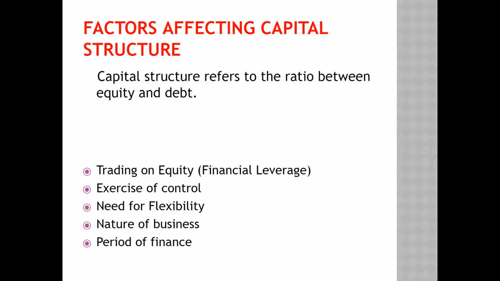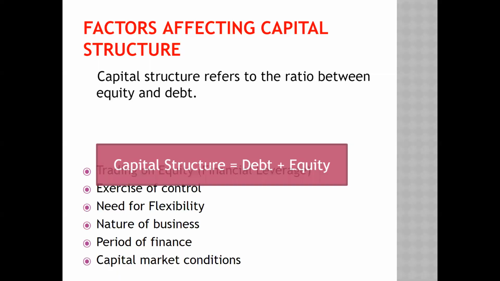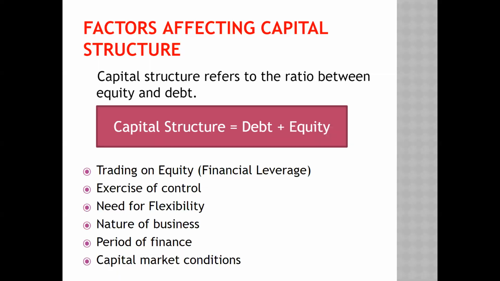And after this, the period of finance: if a company wants long term loans, long term finance, it is better to issue shares. But for medium term or short term, they can issue preference shares or debentures. Clear? So capital structure is equal to debt plus equity.